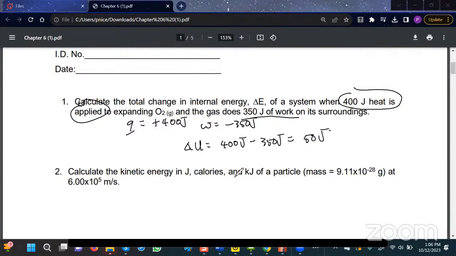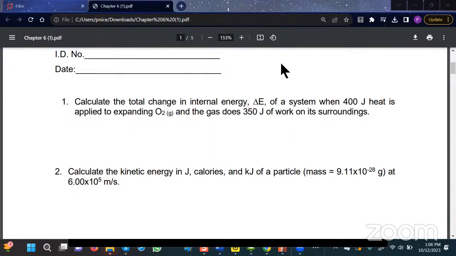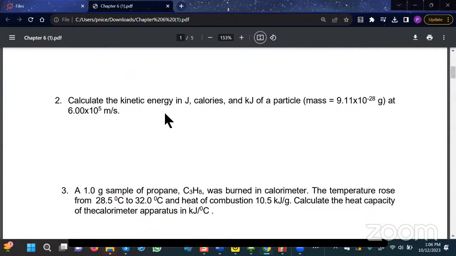Now for question number 2, this is based on an equation which I showed you earlier. Let me scroll down. The question says calculate the energy in joules, calories, and kilojoules of a particle.